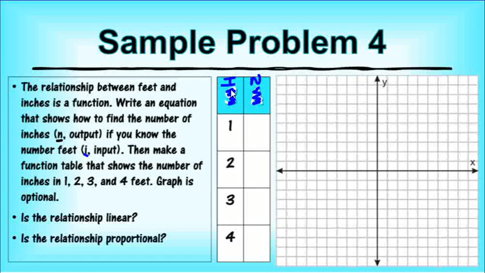So if we put in 1 foot, how many inches would that be? 1 foot is 12 inches. So let me label this one. This one is feet, this one is inches. 2 feet would be 24 inches. 3 feet would be 36 inches. 4 feet would be 48 inches.